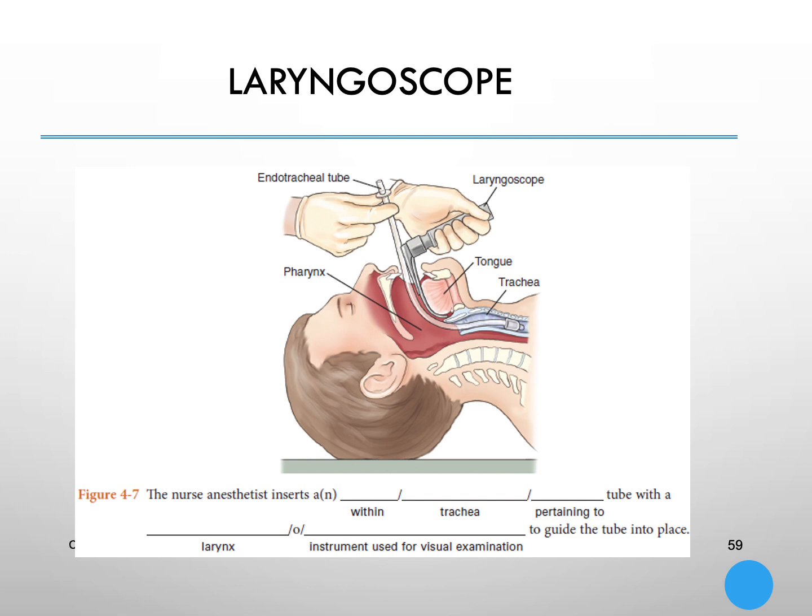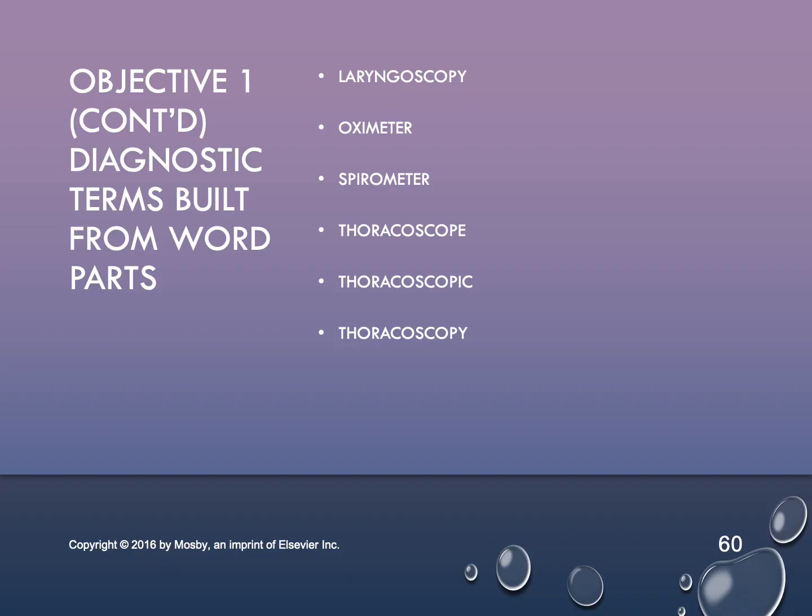So this is how we are going to get oxygen into their lungs. The nurse anesthetist inserts an endotracheal tube with a laryngoscope to guide the tube into place. All right, so we talked about laryngoscopy, right? That's the procedure that we're going to do to take a peek at the larynx.